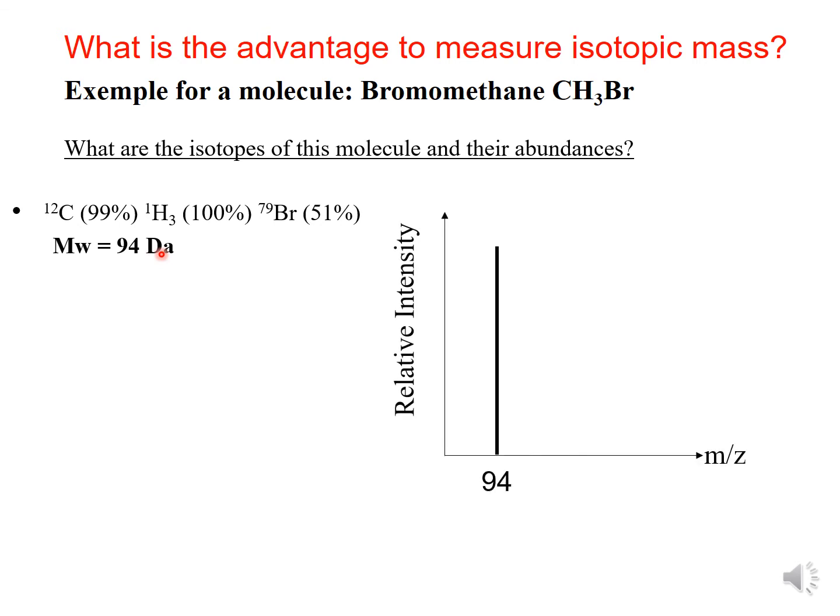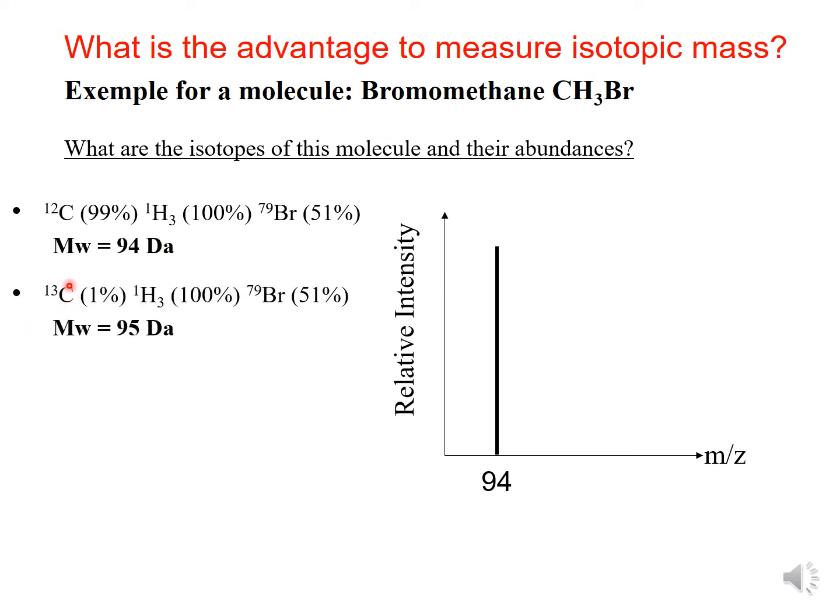Then if I represent the relative intensity in my mass spectra, I have a peak corresponding to 94 Dalton. And this peak corresponds to 100% because it is the major isotope of the molecule. Okay, now we have to consider the second isotope.